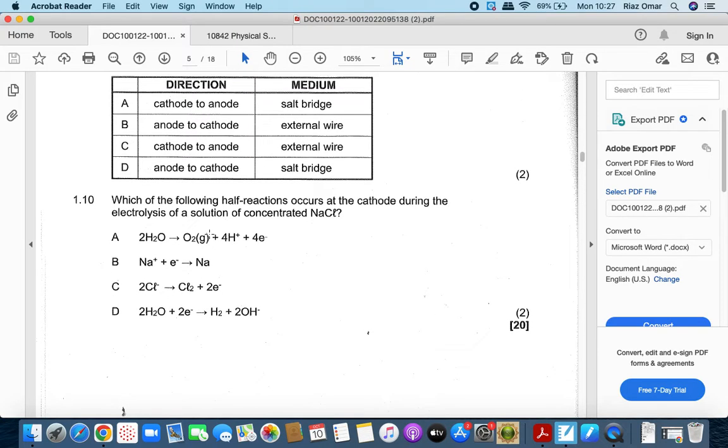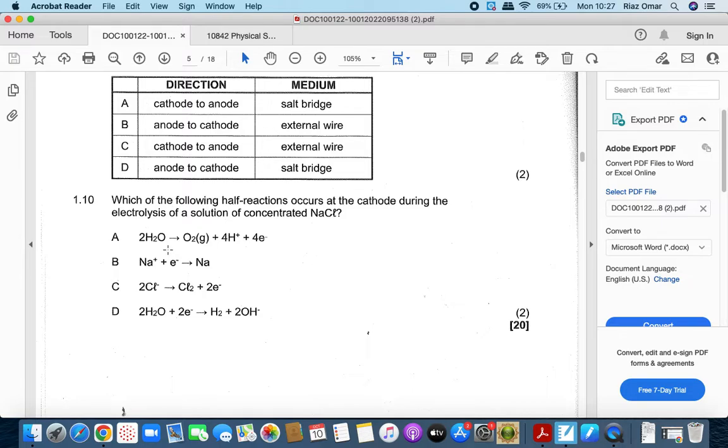In the electrolysis of sodium chloride solution, this is the Nelson cell that we have to know. At the cathode, we'll get either water reduced or sodium formed, but because water is easier to reduce than the Na plus ions, the water will be reduced.